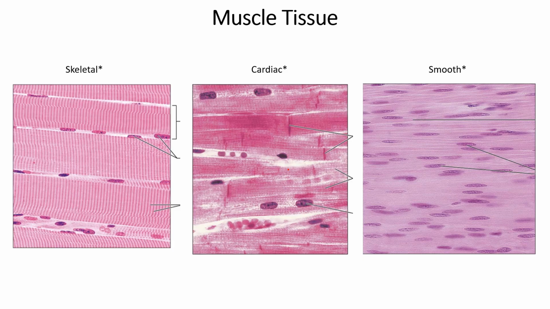So skeletal muscle and cardiac muscle should be easy to identify as muscle, and then you only need to distinguish between, okay, am I looking at skeletal muscle or cardiac muscle? Look for the intercalated discs. If you see the intercalated discs, you're looking at cardiac.